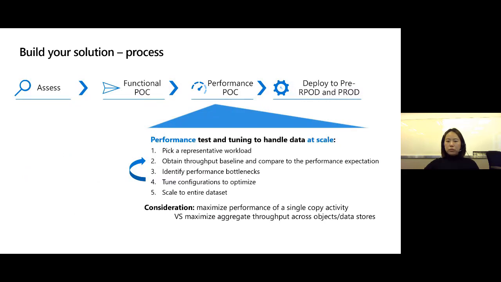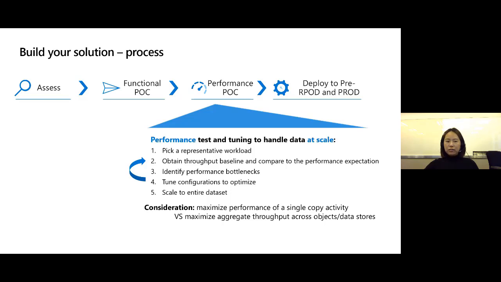So when doing the performance test, we usually suggest you pick a representative workload. By representative, it can be moderate size, but it's really your real, for example, data schema and folder structure that can be used to really evaluate the real perf.